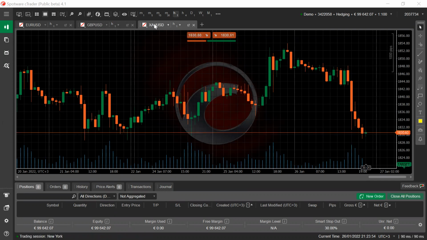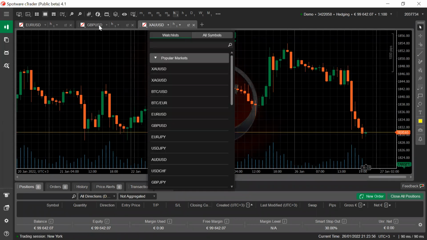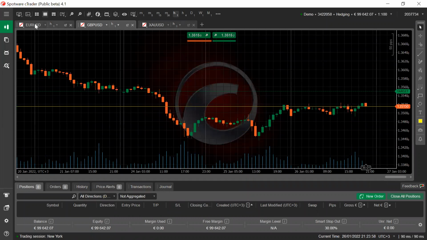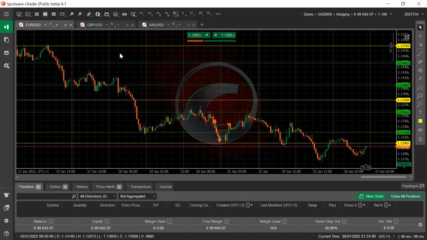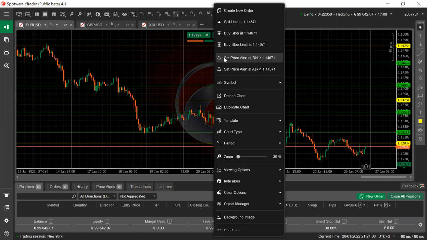So I will skip from using gold or GBP and go straight to EUR/USD, which is one of the most volatile Forex currencies. Let's see if we can remove all this drawing.